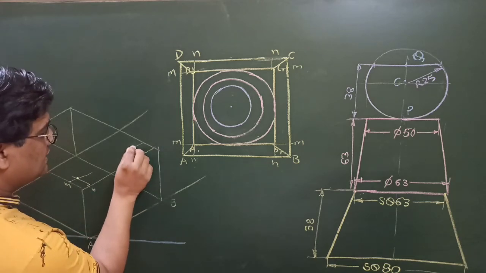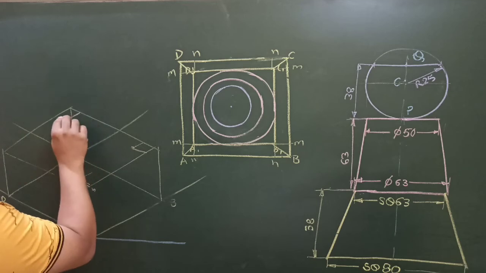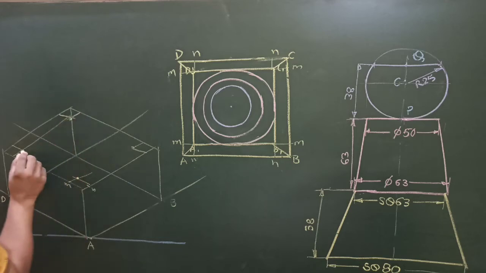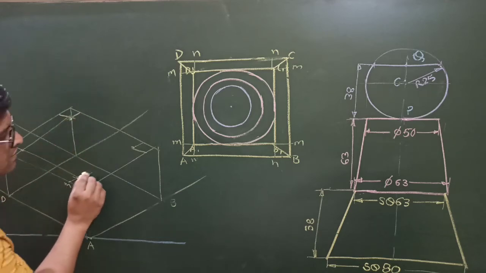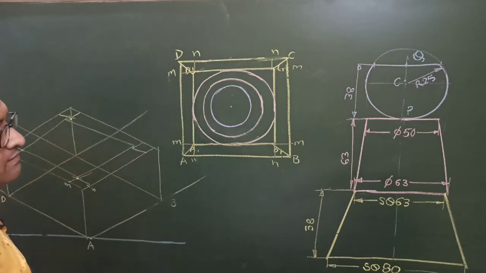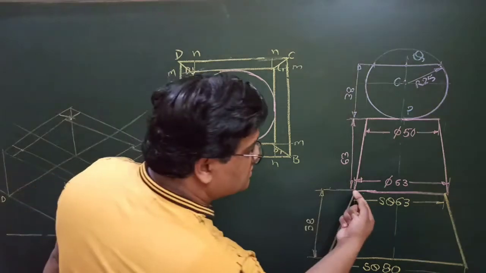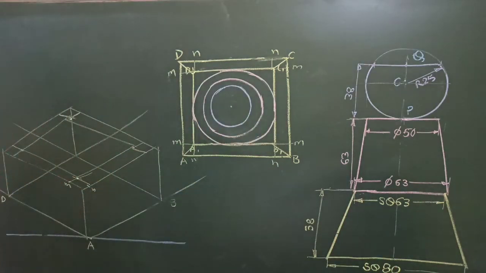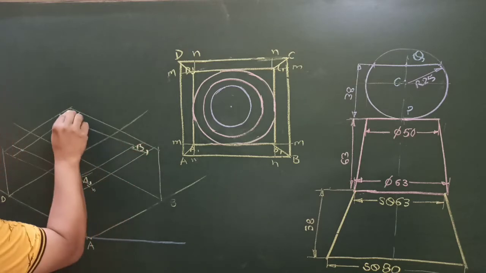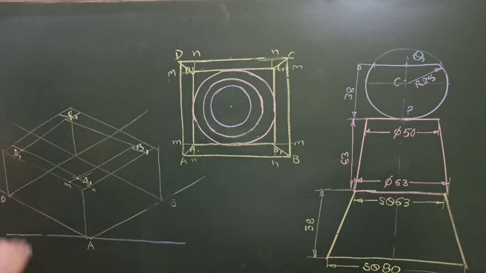Similarly you can get this point, this one and this one, so that you are getting another rhombus here to represent the smaller top face of this first tier of the pyramid, where this is A1, this is B1, this is C1 and this is D1, right?